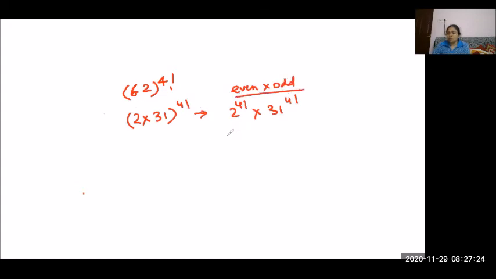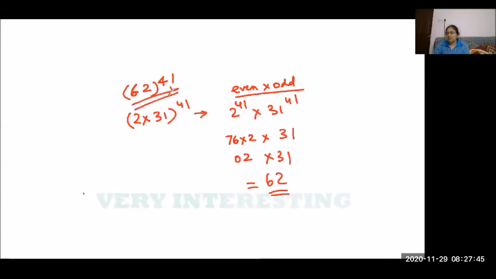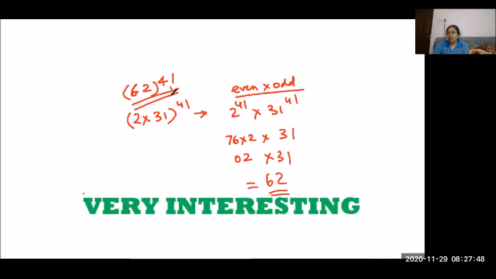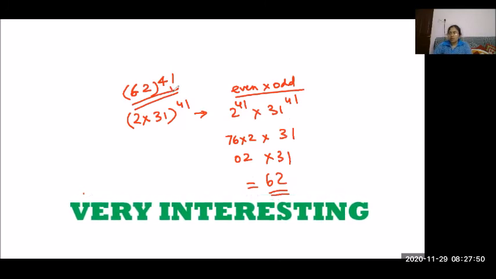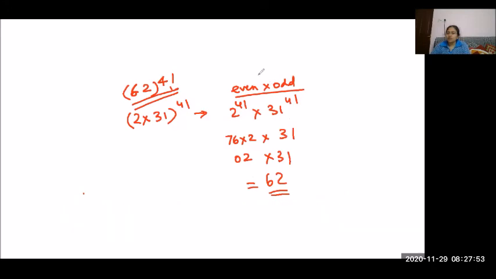Now 2 to the power 41 is nothing but 76 multiplied by 2, which is 152, so 52. And 31 to the power 41 is nothing but 31. So 2 into 31 gives you 62. The 62 will be the last 2 digits of 62 to the power 41. It's very interesting, and you can try with different numbers. You just have to split into even and odd parts and do it in this manner.